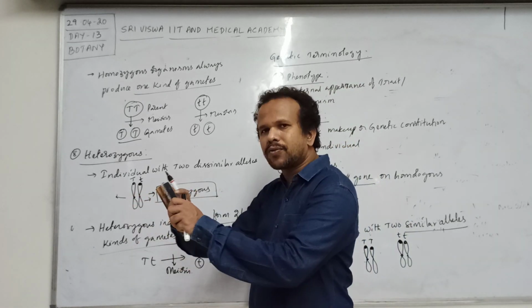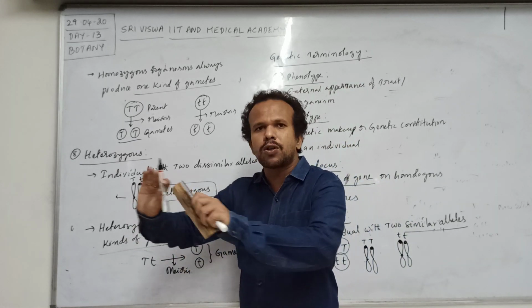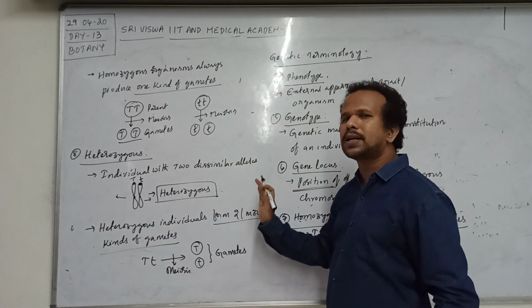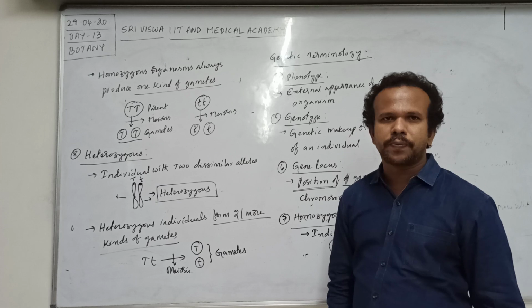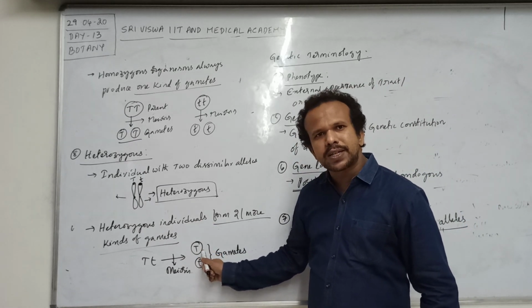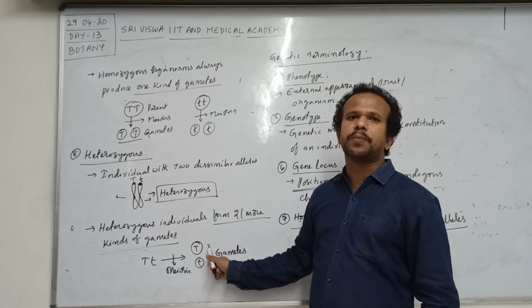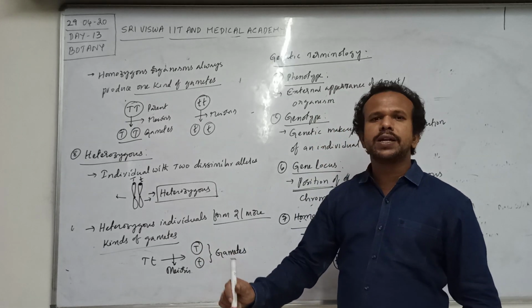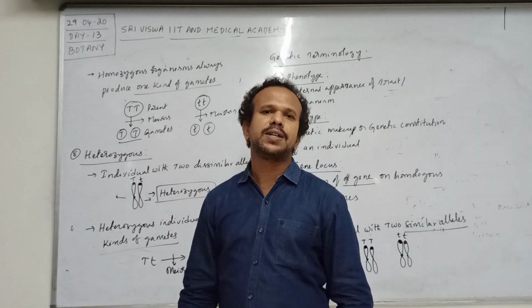Due to segregation of homologous chromosomes, these alleles also segregate. Capital T allele moves towards one pole, small t allele moves towards the other pole. Thereby, two types of daughter cells or two types of gametes are formed. Half of the gametes are with capital T allele and the remaining half are with small t allele.